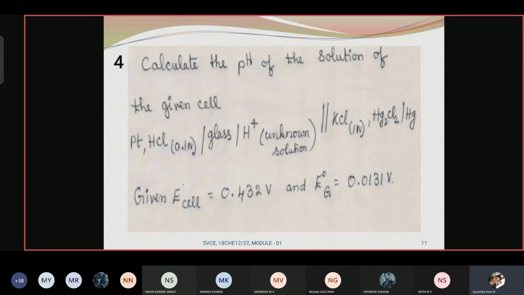Are you getting the equation? Ma'am, yes. In the equation, pH is equal to E cell minus E SCE minus E naught G by 0.0591.